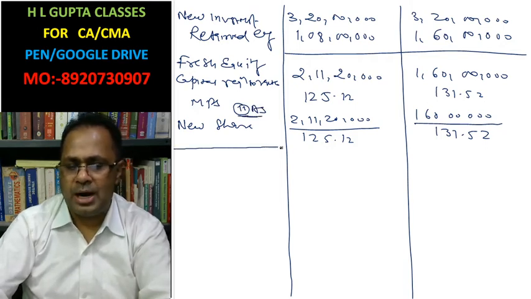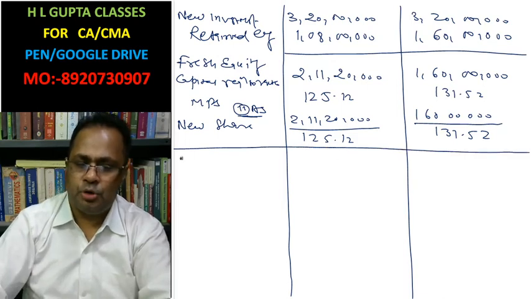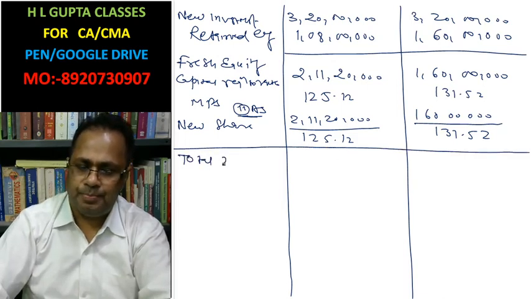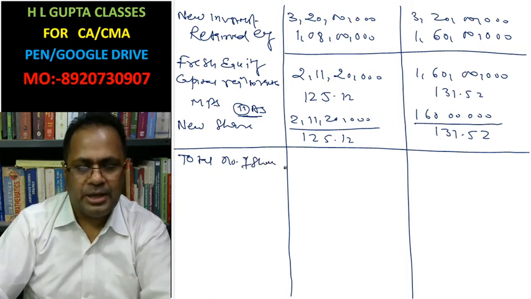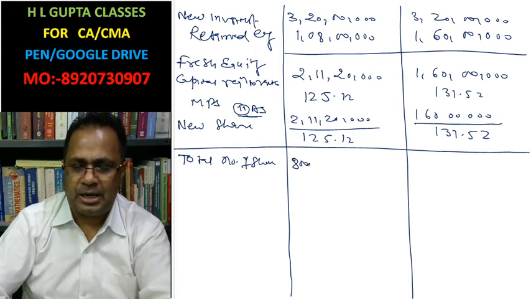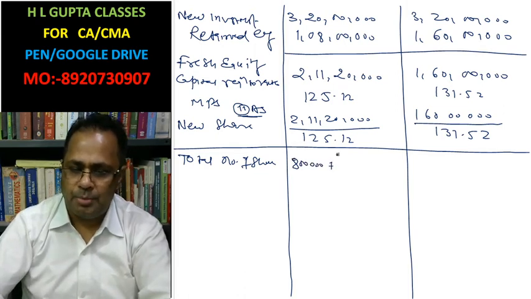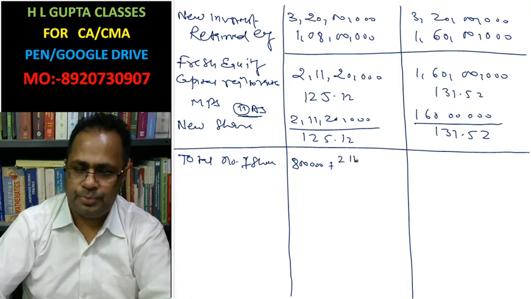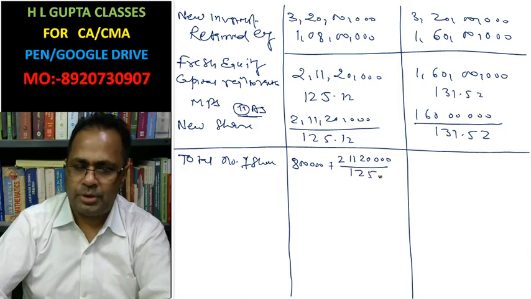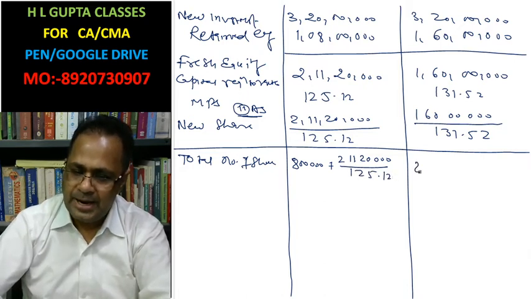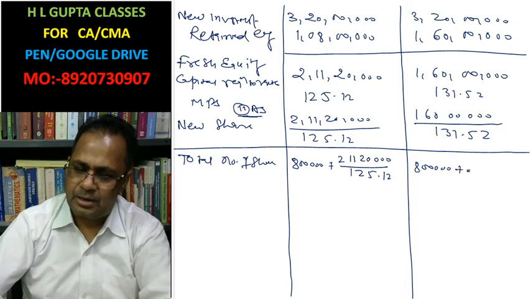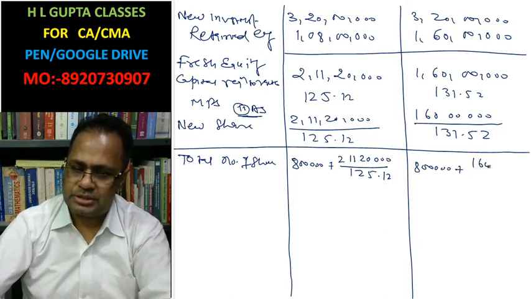Now I am going to answer the third part. Total number of shares: as per the question, the existing number of shares is 8 lakh, and new shares are 2 crore 11 lakh 20,000 divided by 125.12, and for the other case, the existing 8 lakh shares plus 1 crore 60 lakh divided by 131.52.